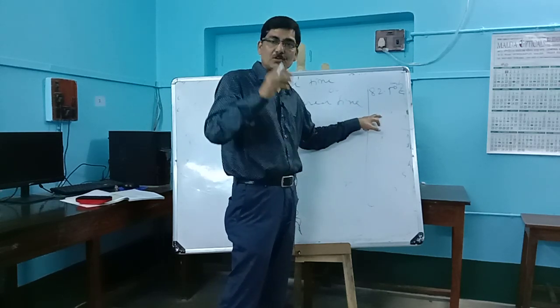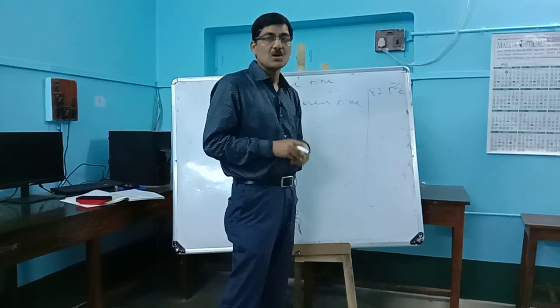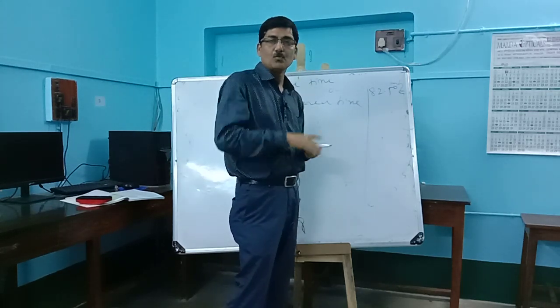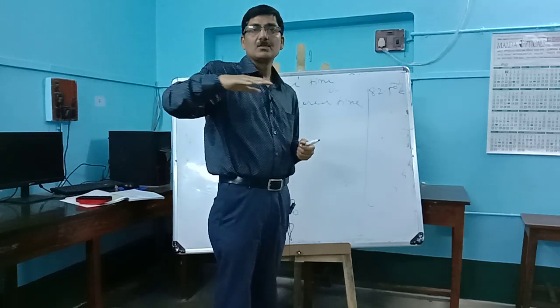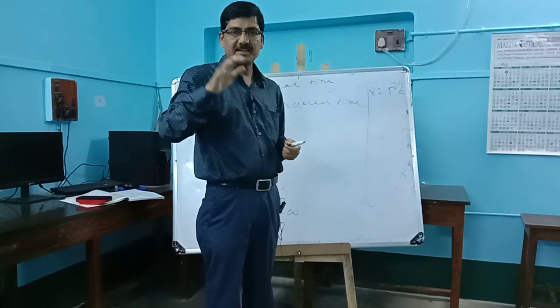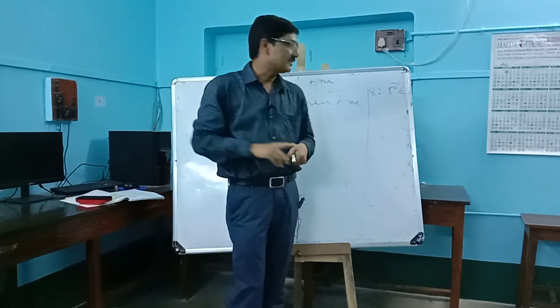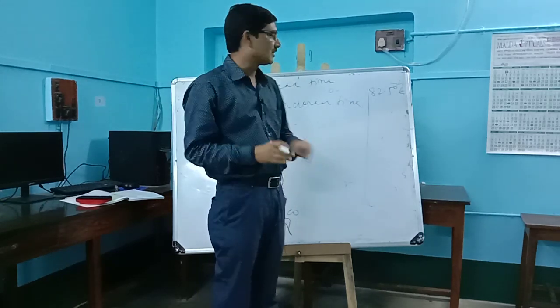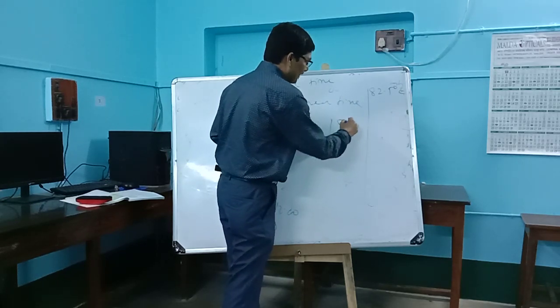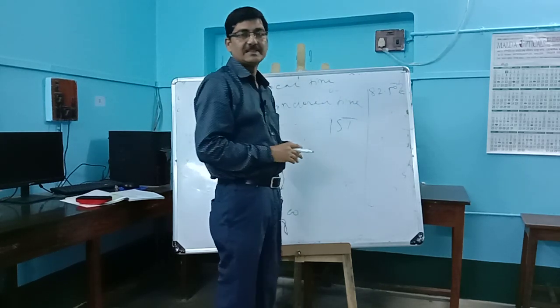Allahabad, what we call at present Prayag. On the basis of this central meridian, we find out the time of any place located within the country. This time is called Indian Standard Time, IST.